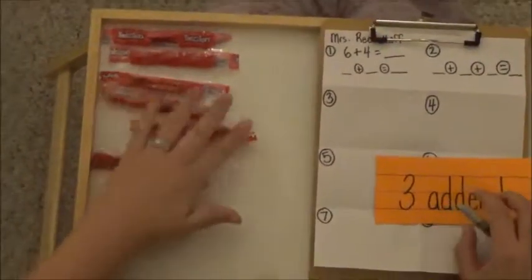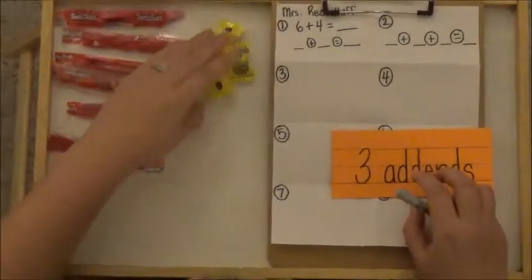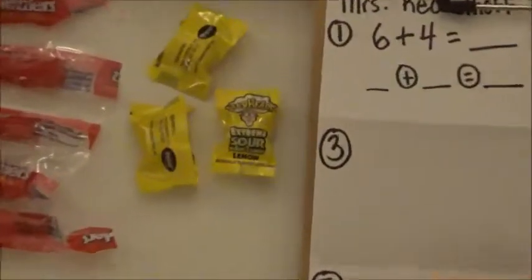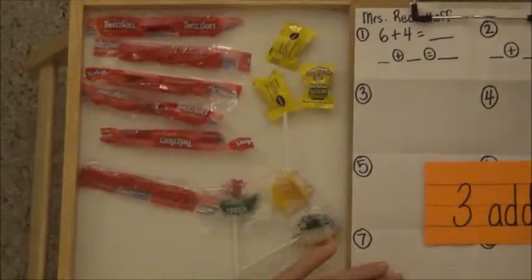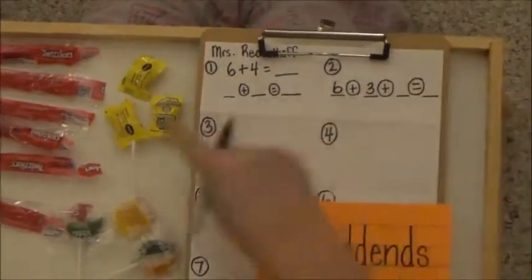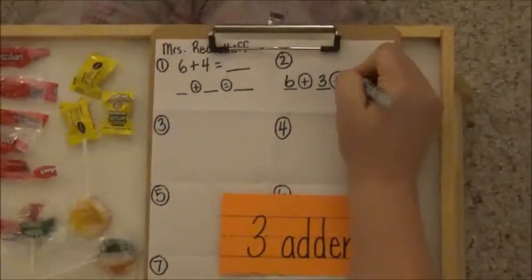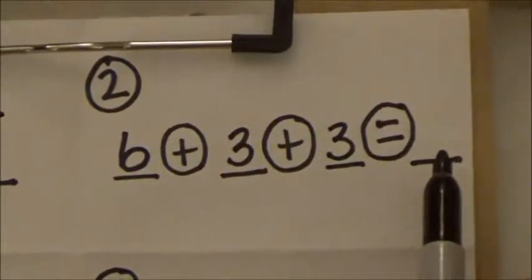We have 6. Let's add some Sour Patch sour candy. And let's add these suckers. I want to know how many in all for all of these pieces. So we have 6 Twizzlers, 3 sour candies, 1, 2, 3, and we have 3 suckers. I want you to add all 3 of those numbers to get our sum.